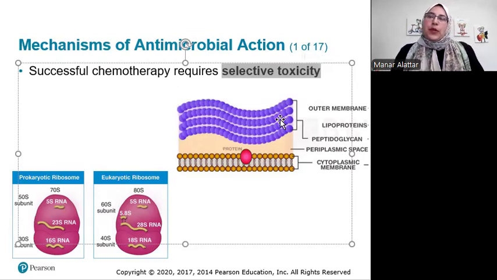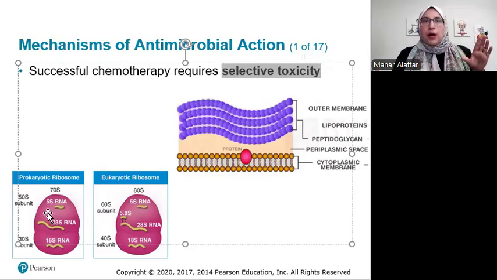So, for example, you'll look at some of these different chemicals that we use and see that they target, for example, the peptidoglycan cell wall of bacterial pathogens, which we don't have in our cells. So, as a host, a chemical that targeted the peptidoglycan cell wall of a pathogen would be less likely to negatively impact our cells. Okay, same for ribosomes.